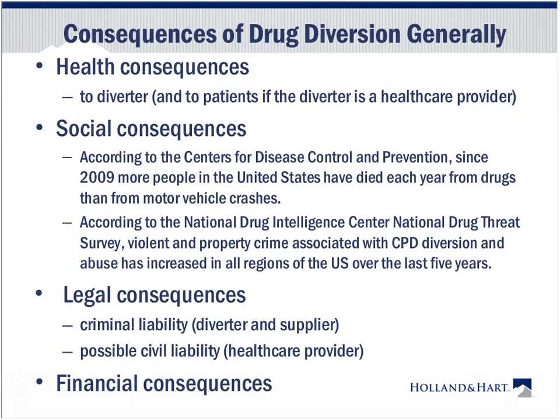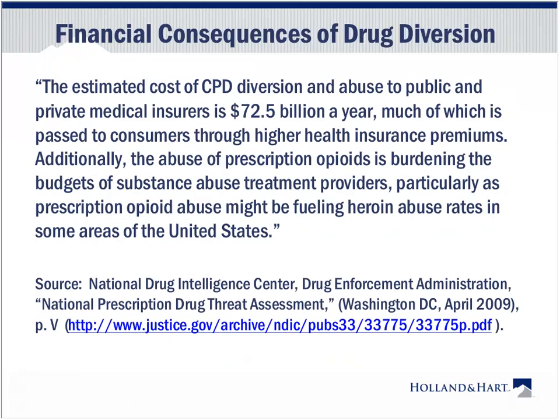And then the financial consequences of drug diversion are astronomical. This quote comes from the National Drug Intelligence Center, part of the DEA. The estimated cost of controlled prescription drug diversion and abuse to the public and private medical insurers, so Medicaid, Medicare, and all the private medical insurers, is $72.5 billion with a B dollars a year.